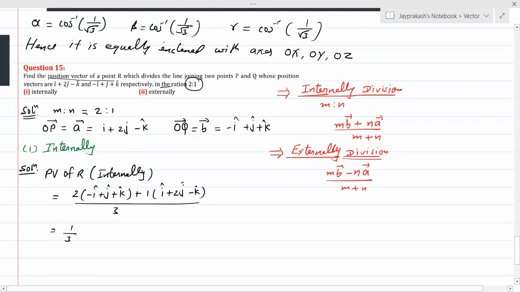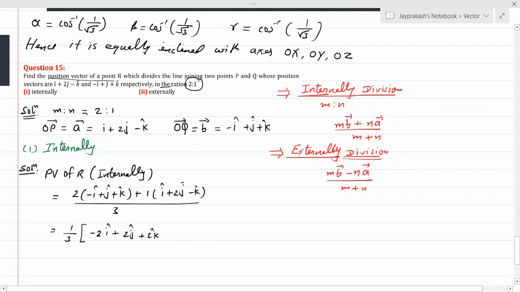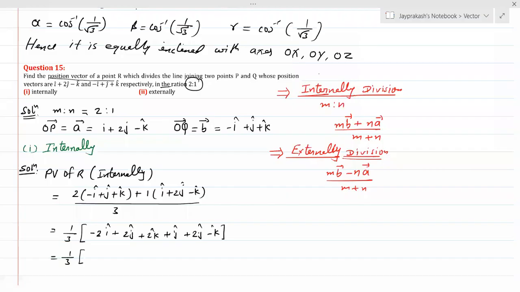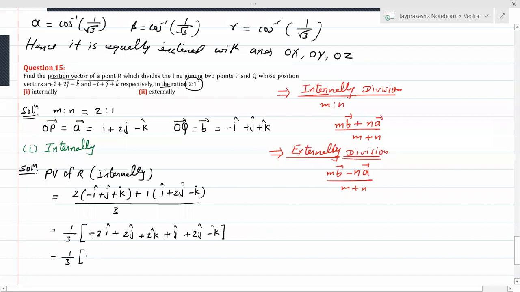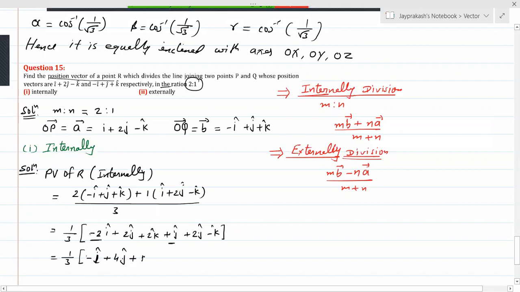So we are taking 1 by 3 common. So this side minus 2i plus 2j. Now the addition of the two vectors with the x component: minus 2 and 1, so it will be minus i, then 2j plus 2j, 4j, then plus 2k minus k, so it will be only k.